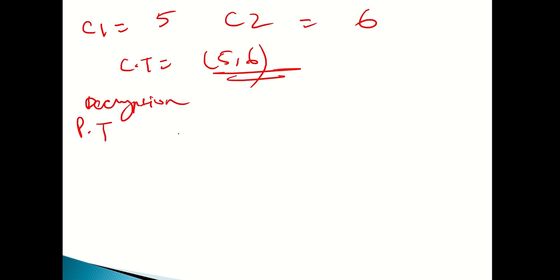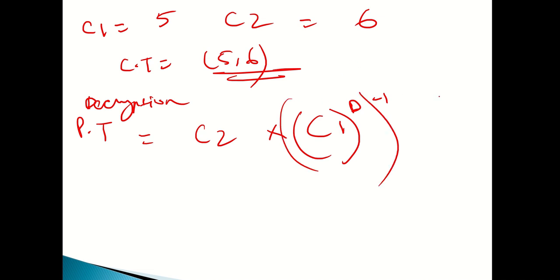Now we need to find out the decryption process, which is a little bit tricky since we have an inverse technique here. As per the formula, it is C2 into C1 to the power D inverse, let me put the inverse in brackets to make it easier, then mod P. We substitute the values: C2 is 6 and C1 is 5, so 6 into 5 to the power 3.